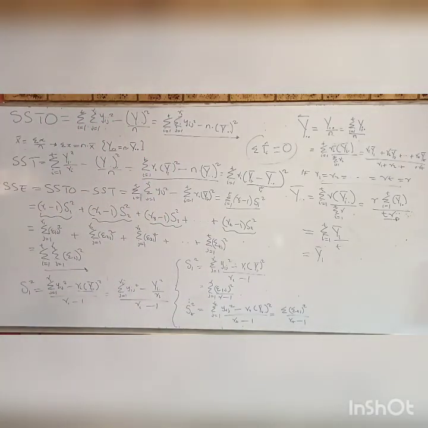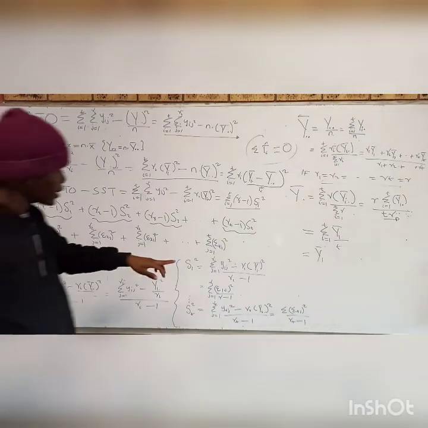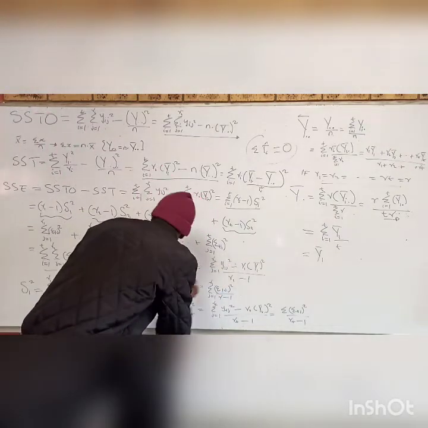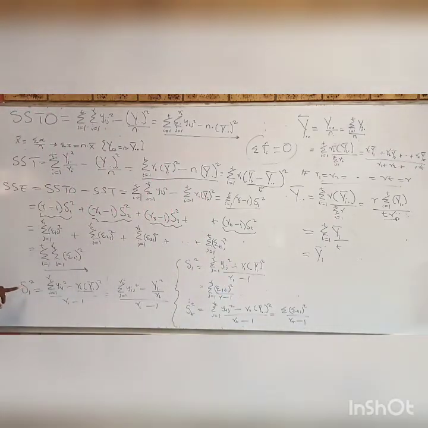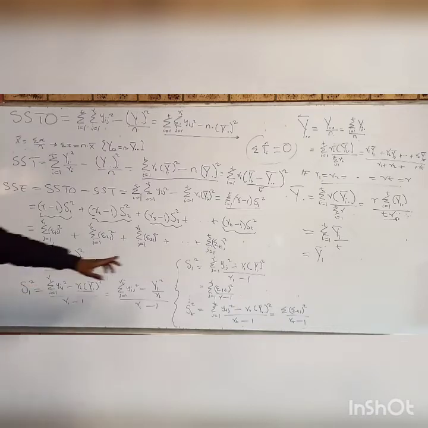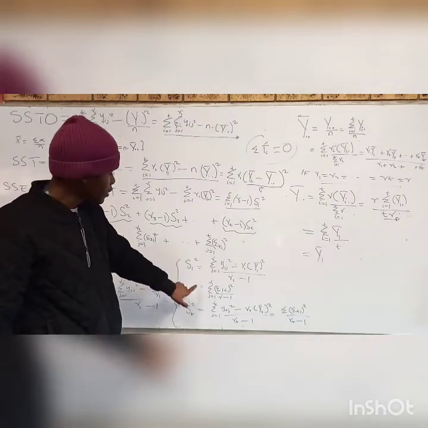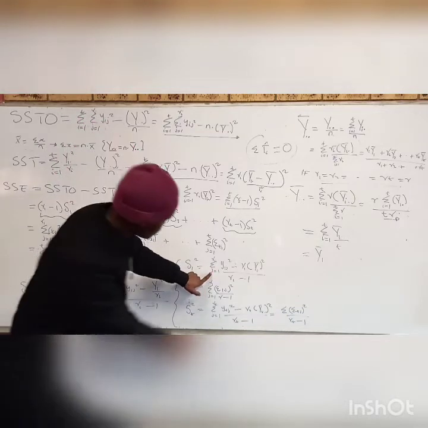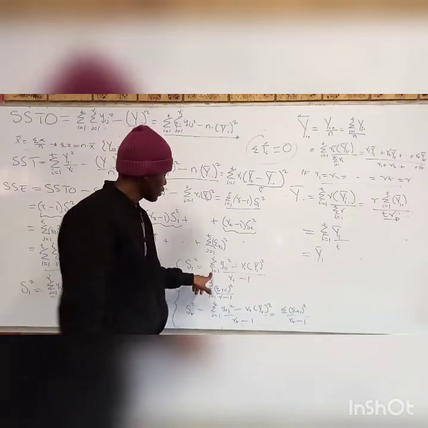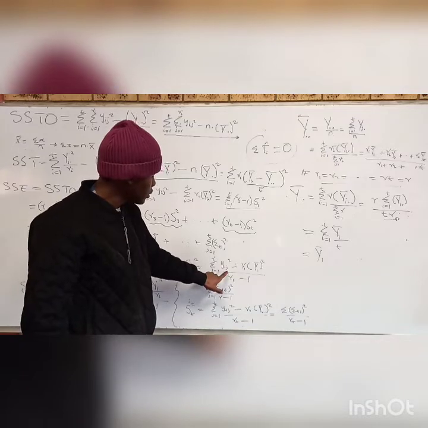The si squared is given by this formula: the summation from j equals 1 to ri. To understand this, look here: for s1 squared, j goes from 1 to r1, then y1j squared.